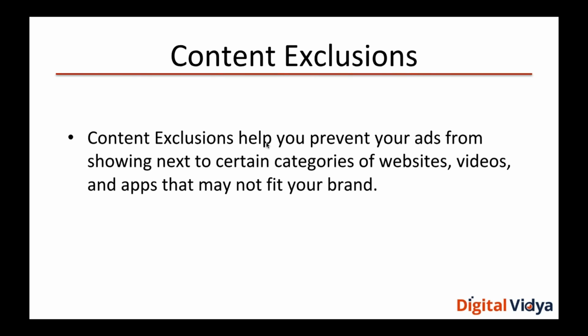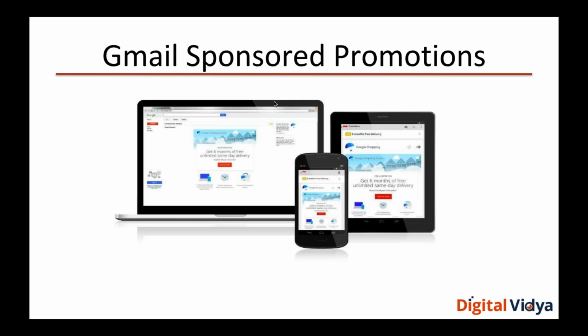You have options to exclude your ad from showing next to, let's say, adult content, or sensitive content, or any kind of tragedies. So you can check those boxes if you want to prevent your ads from showing up next to that kind of content on websites and apps. Content exclusion is an important aspect, and AdWords gives you that option.